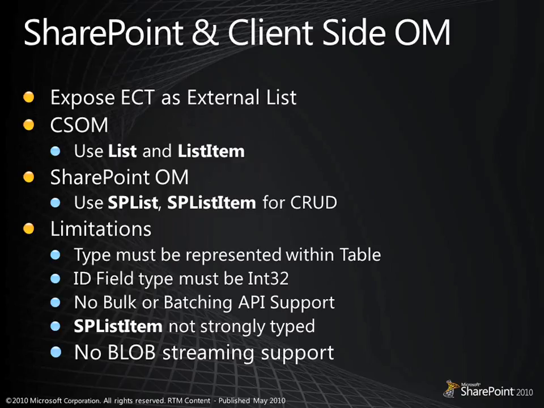No bulk API support means that when you access the list to pull out one item based on the ID, the entire list is read from the line of business system, and then the item is returned. SP list item and list item are not strongly typed. And finally, there is no blob streaming support available with these solutions.